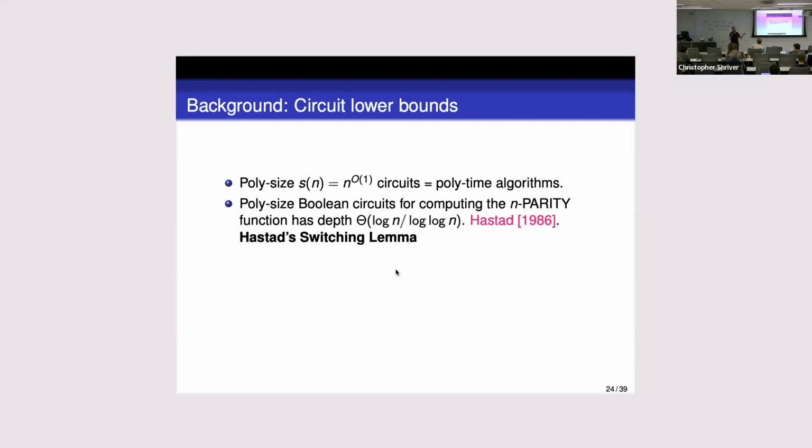Parity is just a problem where you have a bit string and you need to decide if the number of ones is even or odd. It turns out Boolean circuits of that size, polynomial size with a bound on the depth, cannot do that. Parity is a trivial problem.